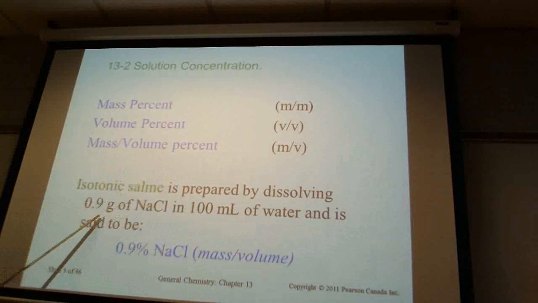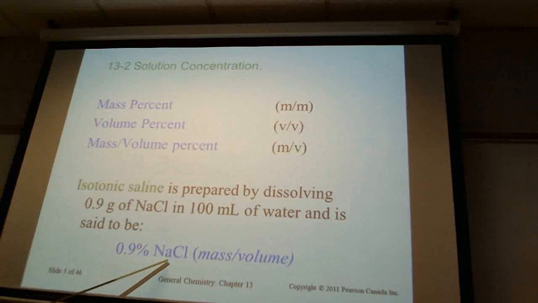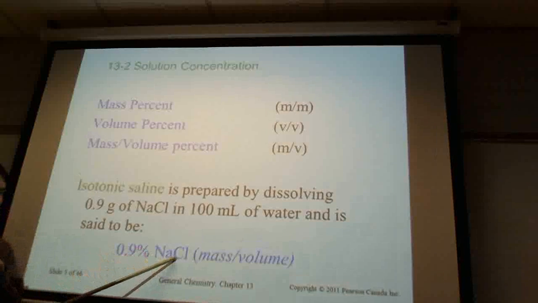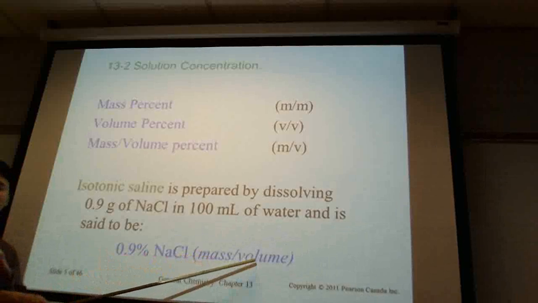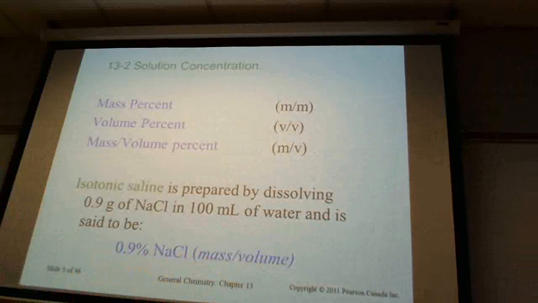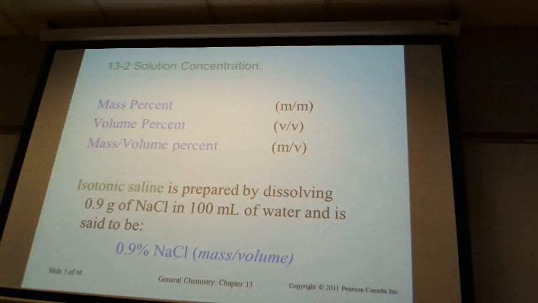Since this is isotonic, it doesn't change the volume of the blood cell. It turns out it's 0.9% sodium chloride mass to volume. What this means is 0.9 grams of sodium chloride per 100 milliliters of solution. That's a mass to volume.